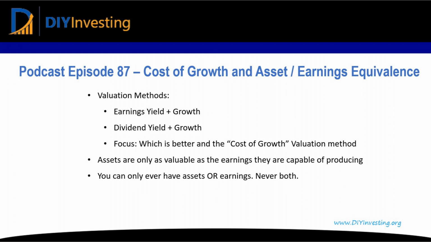So this leads me to another important point, which I'm calling the asset earnings equivalence mental model. I've heard it in a few other places before with varying definitions, but I think this is the best way to think about it. Companies have both assets and earnings.